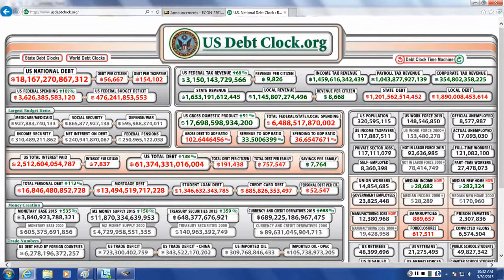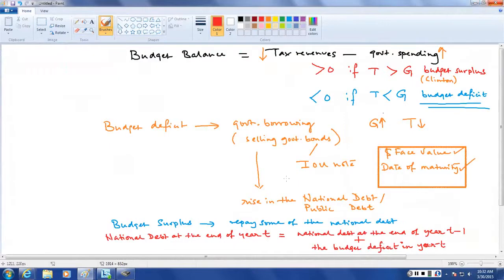Now, that's an enormous sum of money. I'm putting this up to give you a sense of just how indebted our government is, right? So what is this difficulty with the national debt? Is it something that we should be worried about, is the question, okay? So let me talk about that briefly now.